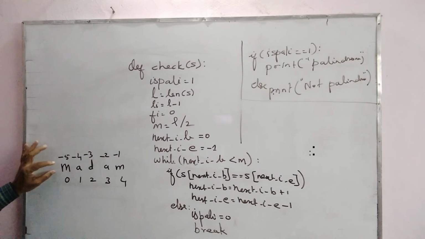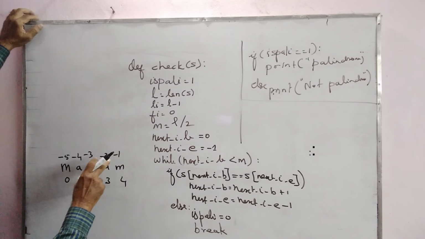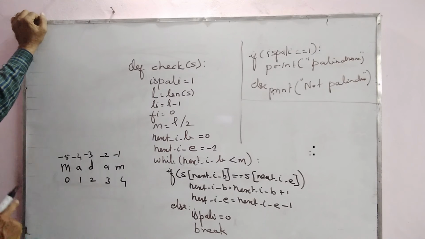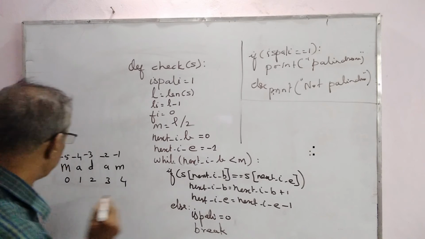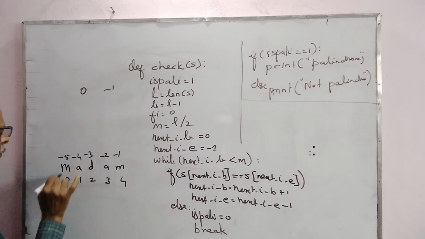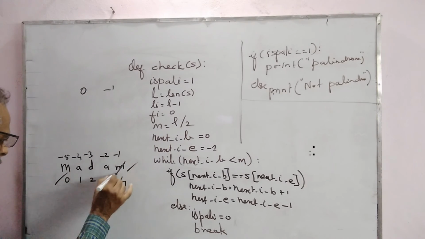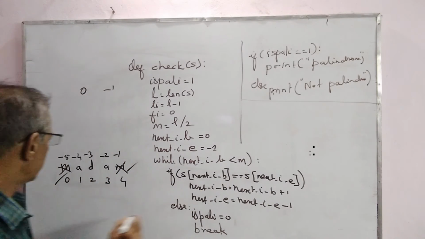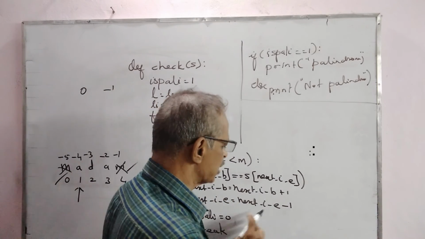Now we are going to test. Madam is the string. The index goes from 0 to 4. From the back, the index goes from minus 1 to minus 5. The first character can be represented by minus 5. Next index from the beginning is 0. Next index from the end is minus 1. We check the characters at 0 and minus 1, and both are equal. Then we increase next index from the beginning by 1. Next index from the end equals next index from the end minus 1, that is minus 2.